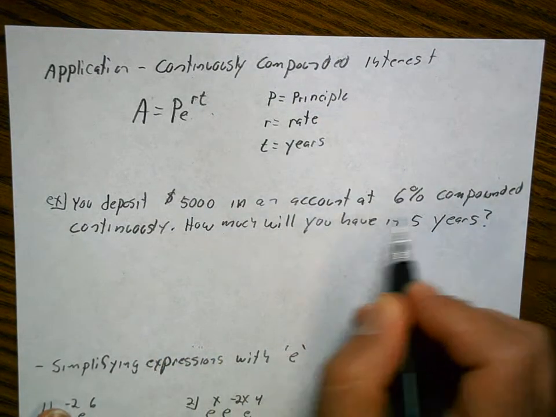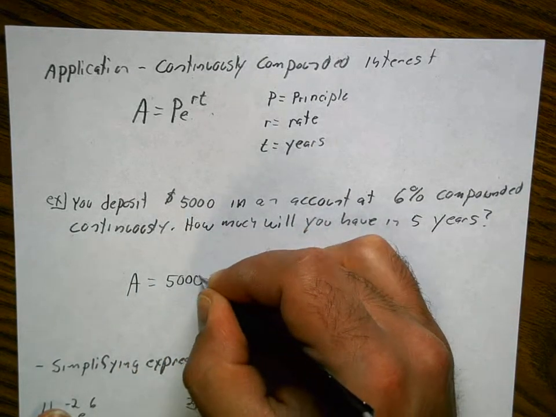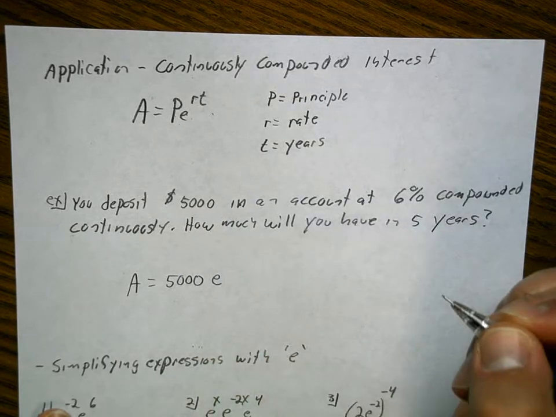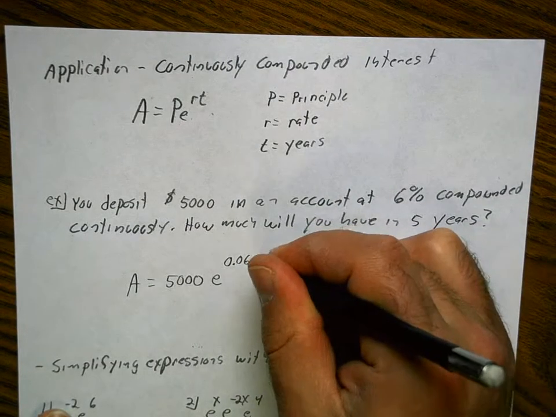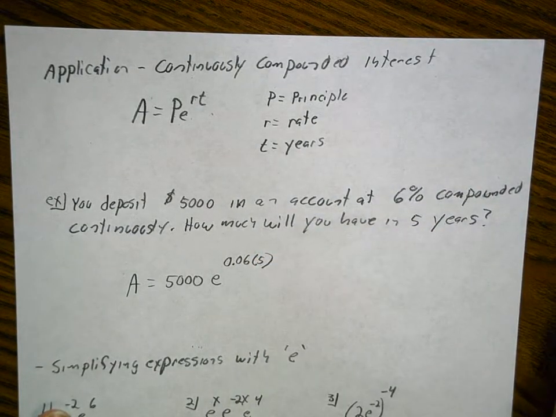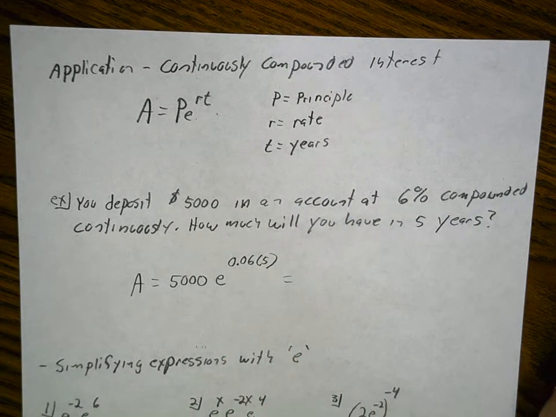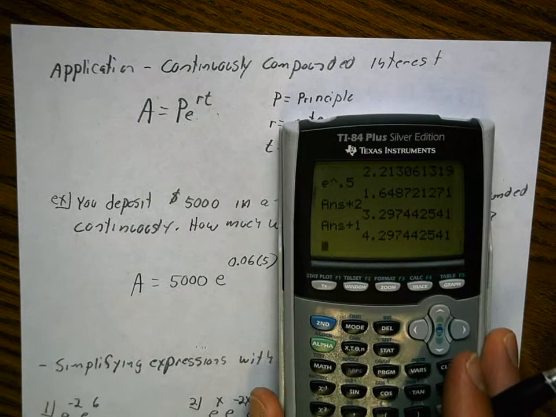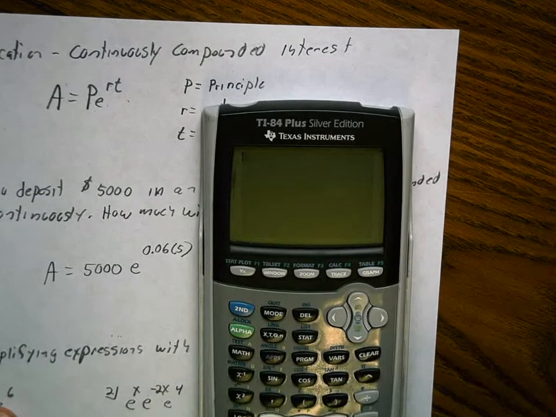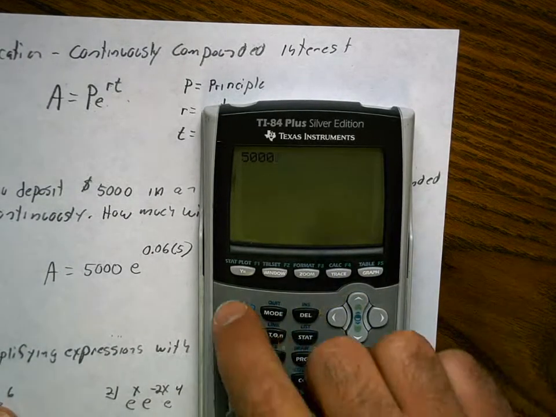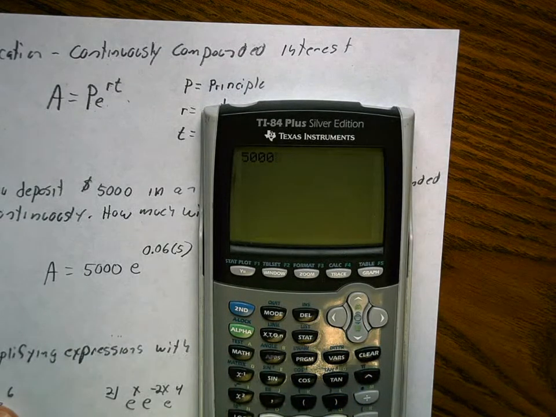So here's the problem. $5,000, 6% compounded continuously. How much will I have in 5 years? 5,000 is my principal. e to the 6%, so that's 0.06, and the years is 5. Now the only thing that's going to hang me up here is if I don't follow the order of operations properly. So I'm going to clear this and put this whole thing in at once. 5,000, and over the natural log button is e to the power.